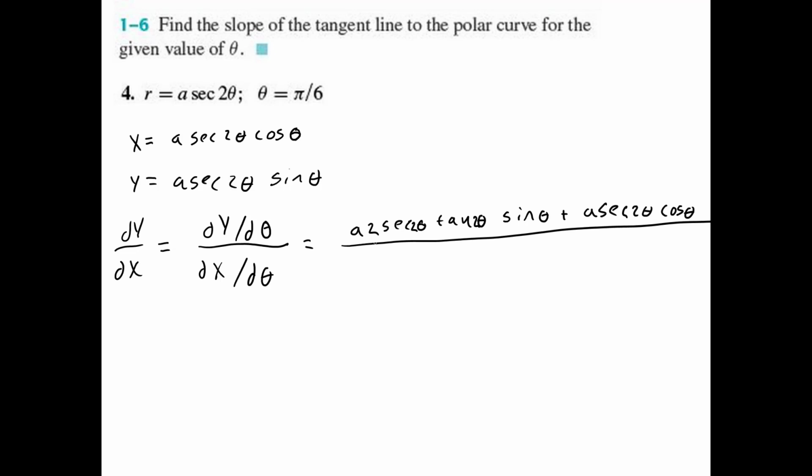Dx d theta, and the derivative of the secant we've already done is a 2 secant 2 theta tangent 2 theta cosine theta minus a secant 2 theta, derivative of the cosine is the negative sine.